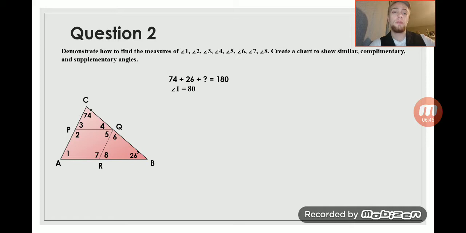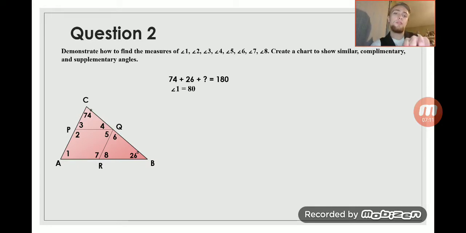So moving forward, we have 74 plus 26 equals what to equal 180? And it gives us the answer, angle 1 is equal to 80 degrees. Why is that? Well, if you're looking at the entire triangle, not the individual shapes inside it, you have your 3 angles, or rather the 2 with the third that needs to be figured out.